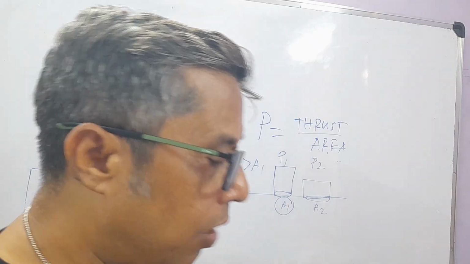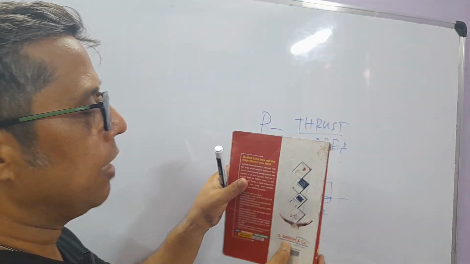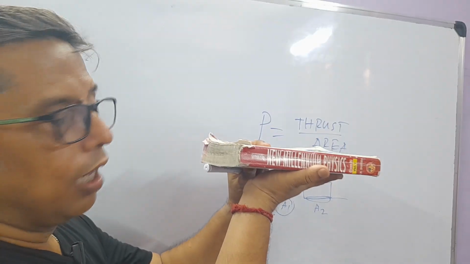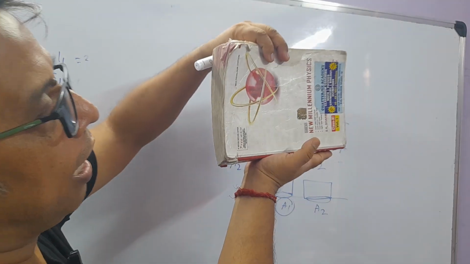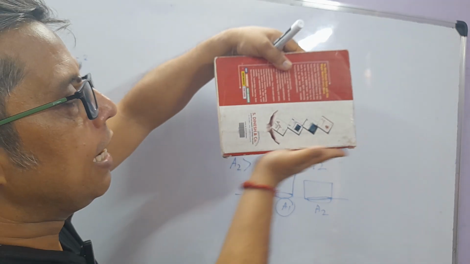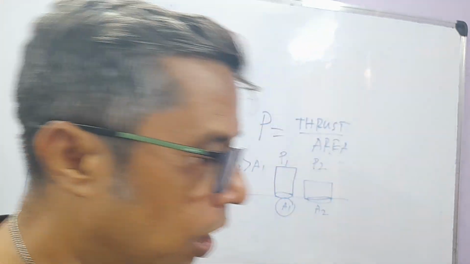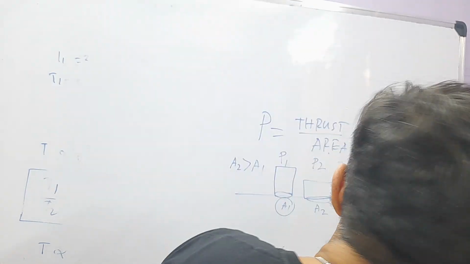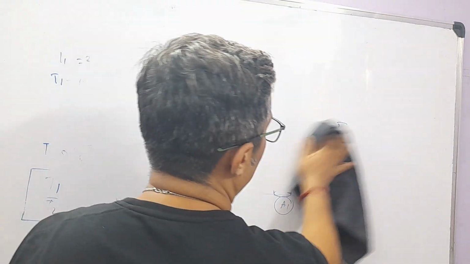If I am having a brick, or this textbook, the pressure will be lowest in these positions and highest in this position, because here the area is reducing, so the pressure will be increasing. The next example is the knife.